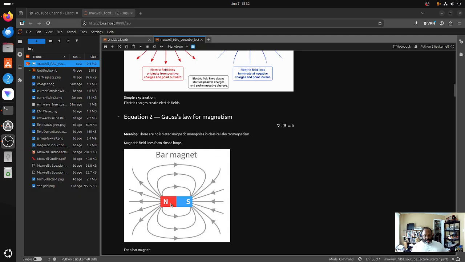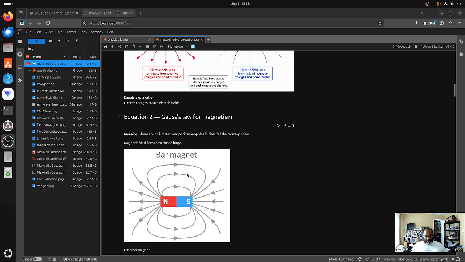Field lines come out of the north end of the magnet and come into the south end of the magnet. Now if I take a saw and cut down the middle between north and south, I don't get a separate north pole or a separate south pole. I just get a smaller magnet, and each of those smaller pieces will have north and south poles. And this is what this law is saying.